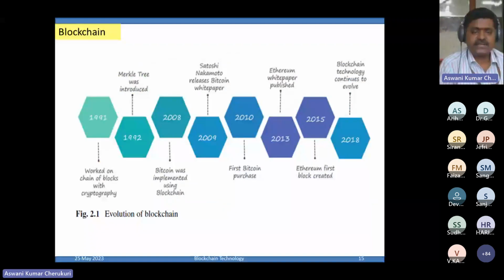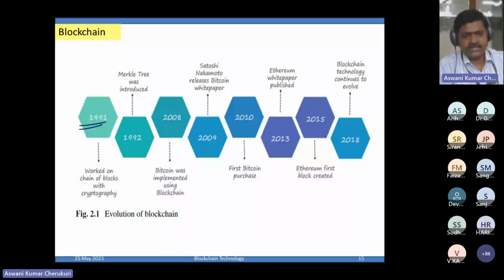So when did the blockchain evolution actually start? Though people realized the importance and potential of it after 2010 and 2012 and all, the roots of blockchain started in the 1990s itself. Now you have cryptography.